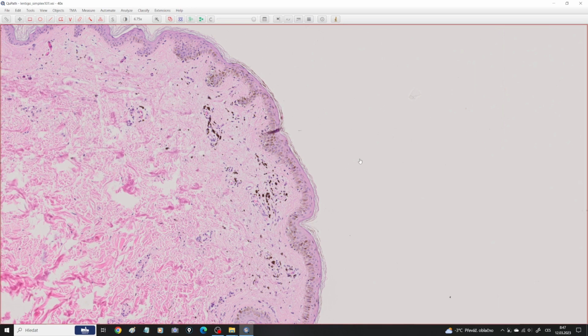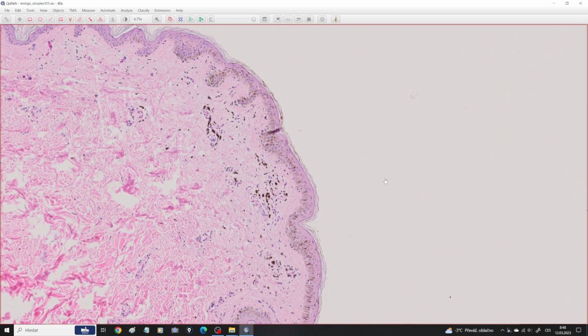I believe we will see it in the next slides, but very often you can see sun exposure associated changes in dermis as well. Very often there is so-called elastosis of dermis, which means that there is a degeneration of elastic fibers in dermis as a consequence of long-term UV exposure. As I said, we will appreciate it in the next slides.